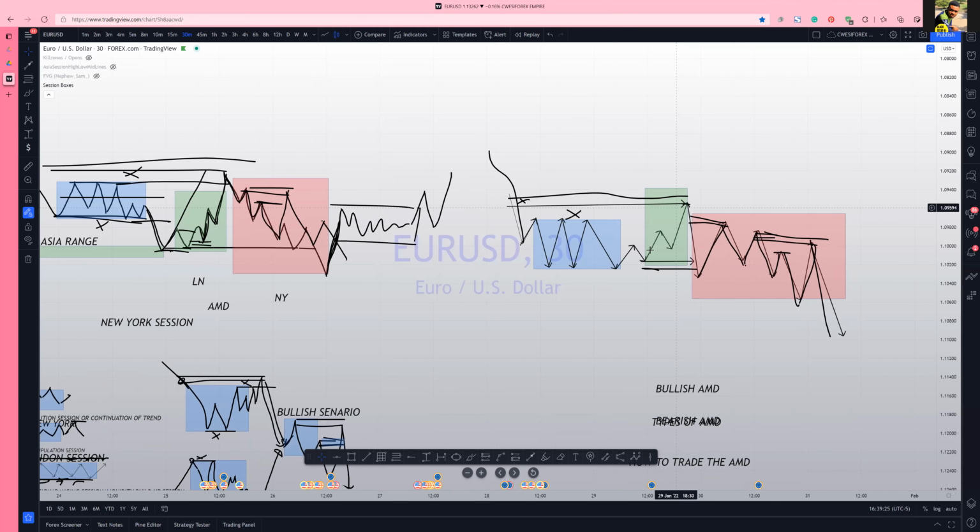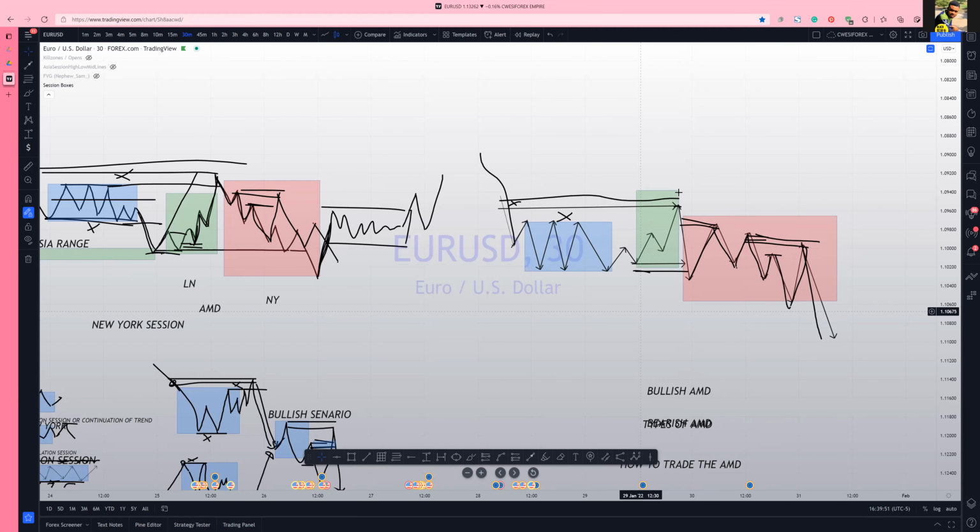So you can see that it's always the London session that serves as the manipulation session. You can see only this London session is having a buy and a sell, manipulating the swing traders in the market, while the day traders and the scalpers are looking for these pullbacks in the market.